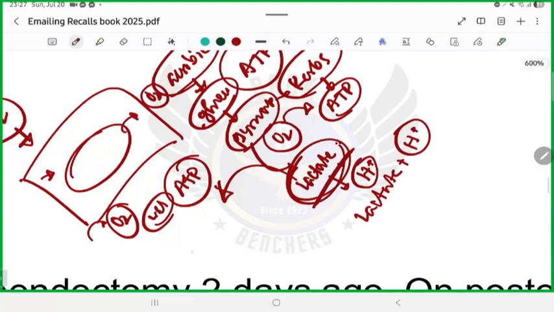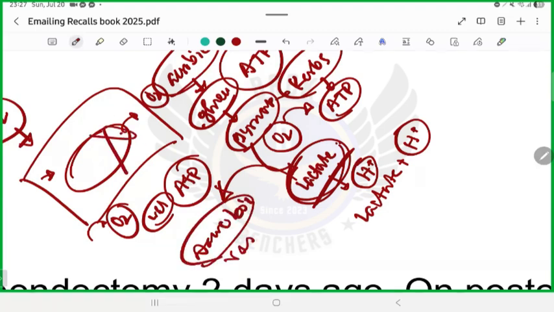In anaerobic respiration, mitochondria cannot function well and take less pyruvate into use.